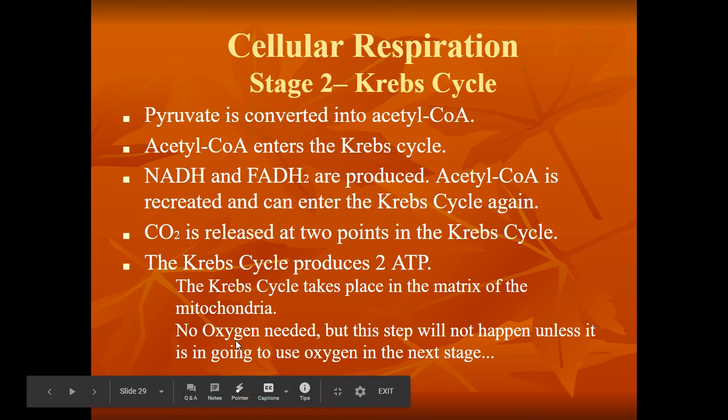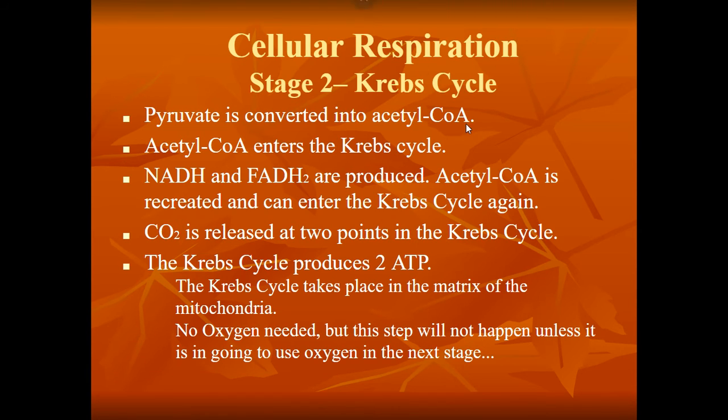And again, no oxygen is needed for this step, but if it's not present, the cycle says I'm not even going to bother because we need oxygen for the last stage. Just know we don't use oxygen here, but it checks for it in order to start.